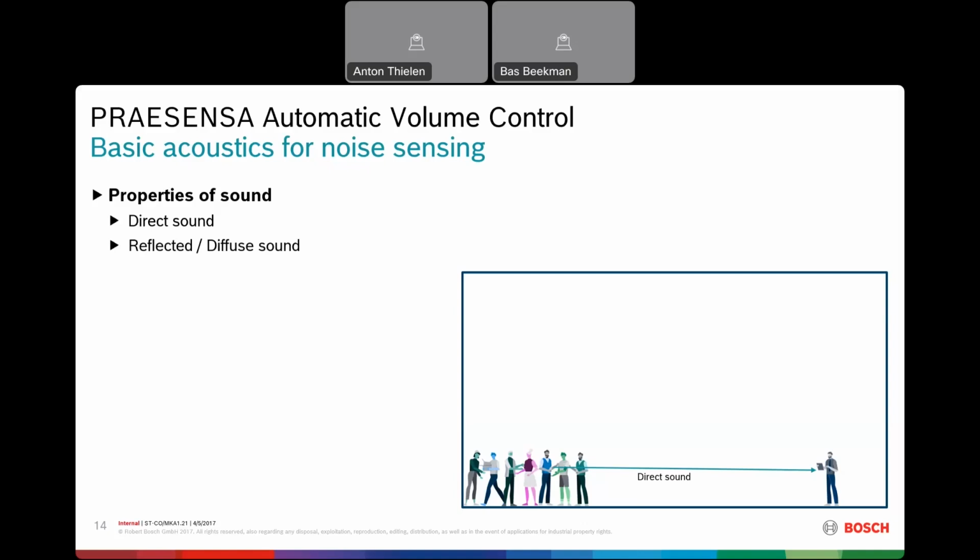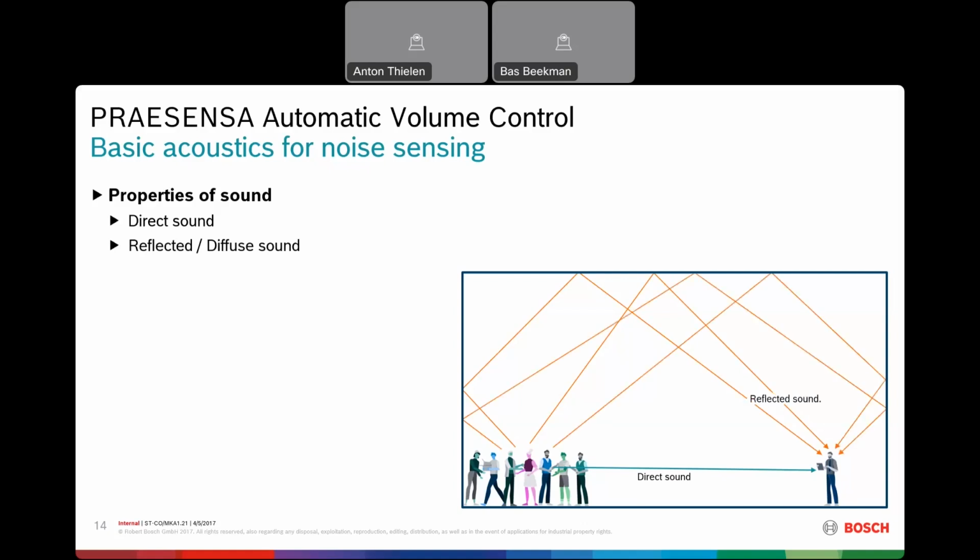But there is also reflected or diffused sound in an area, which is the sound reflected against the ceiling or the walls, and in the end that will also reach your ears, or your device. So that's direct sound and reflected sound.